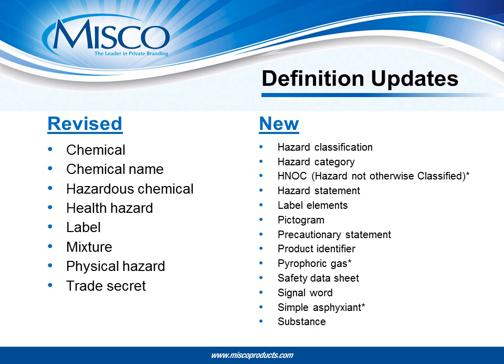New terminology includes hazard classification, hazard category, HNOC, otherwise known as hazard not otherwise classified, hazard statement, label elements, pictogram, precautionary statement, product identifier, pyrophoric gas, safety data sheet, signal word, simple asphyxiant, and substance.